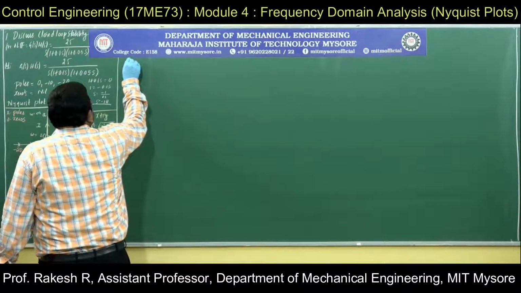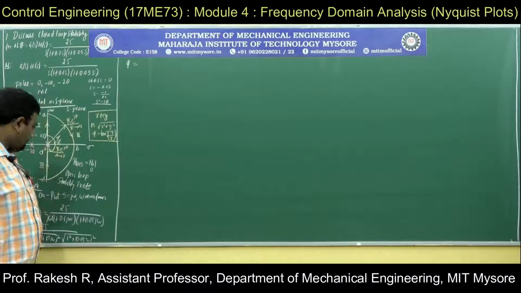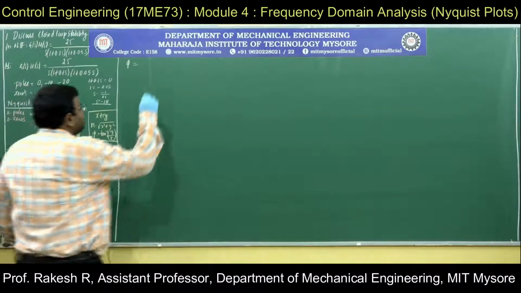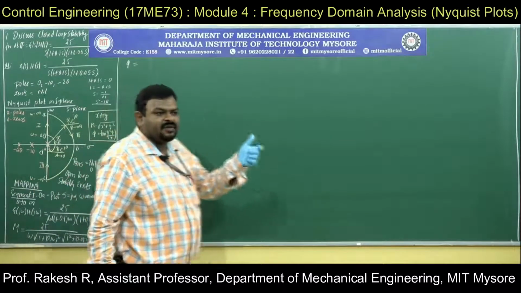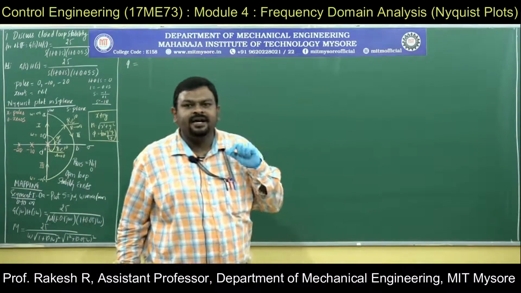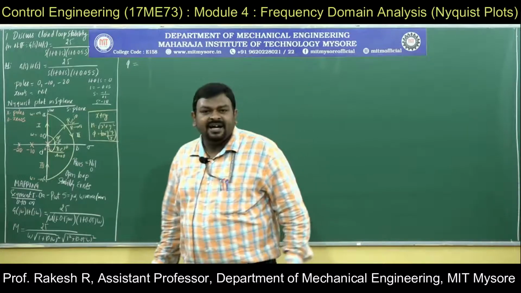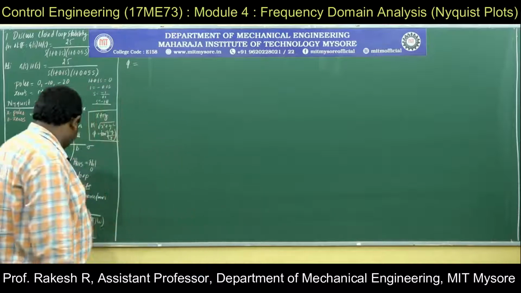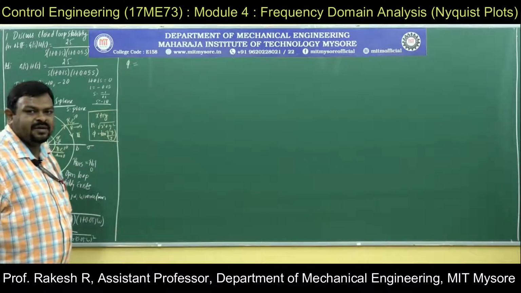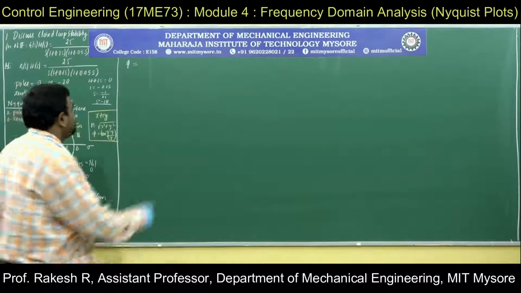Then what is the phase angle? Phase angle phi will be equal to: for the numerator 25 plus j0, which is 25, tan inverse of imaginary part by real part. The imaginary part is 0, and 0 by anything is 0, tan inverse of 0 is 0, so I won't write it here. Next, for the denominator omega, omega by 0 is infinity, and tan inverse of infinity is 90.